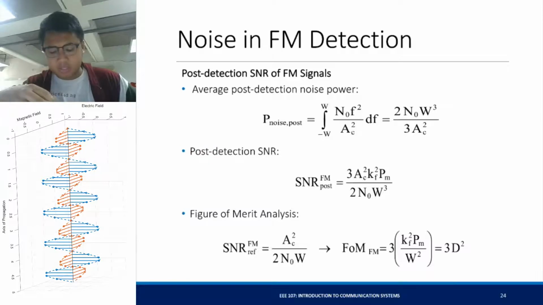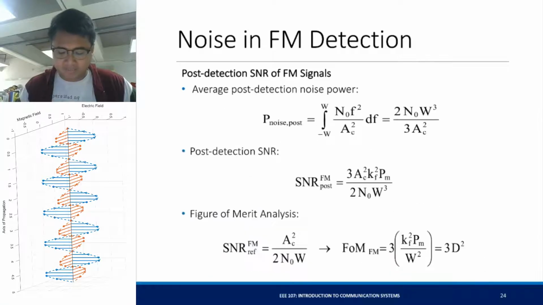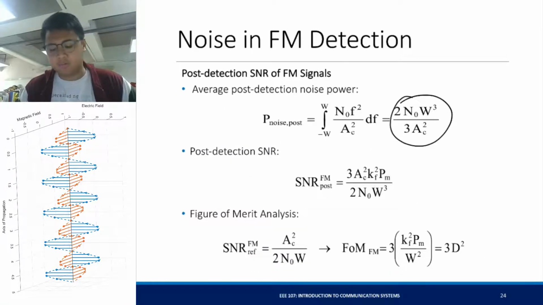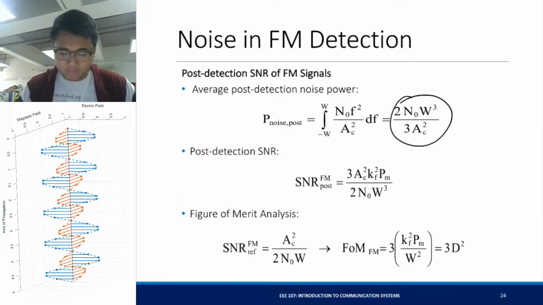Now we get the post-detection SNR. We just get the area under the curve of the power spectral density, and it's equal to 2 N naught W cubed over 3 Ac squared. So you just get the area under the curve, and you get the power of the noise after post-detection.